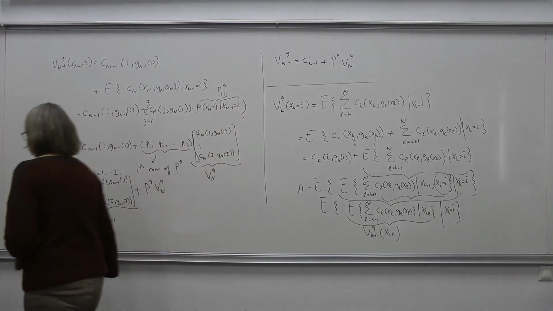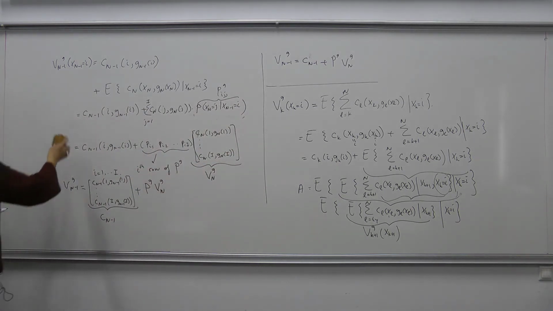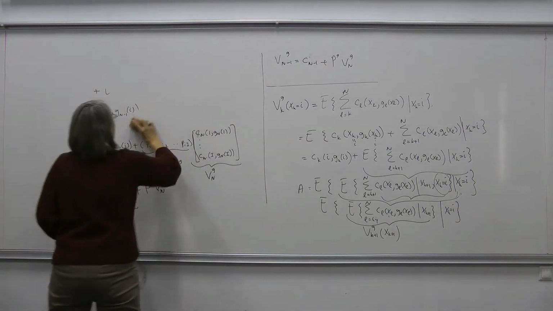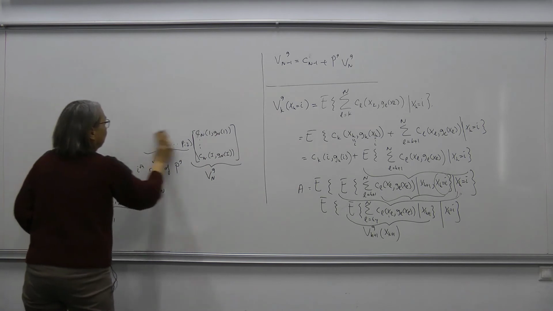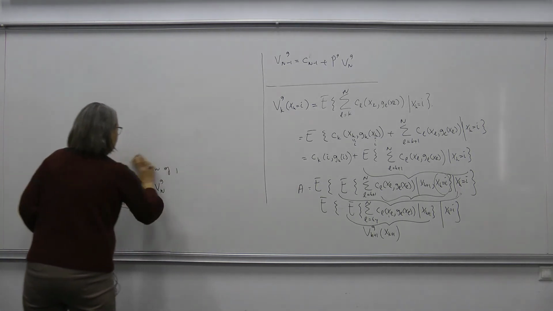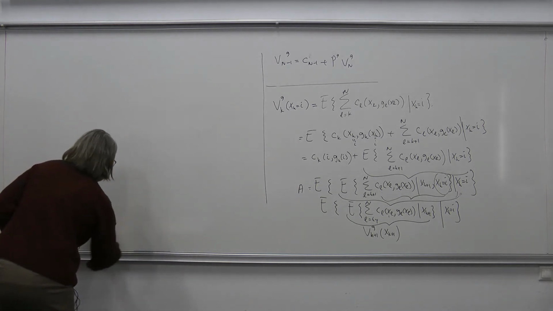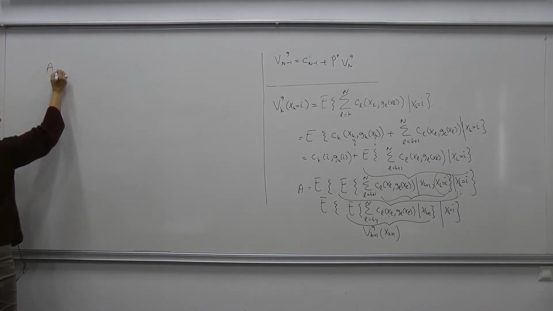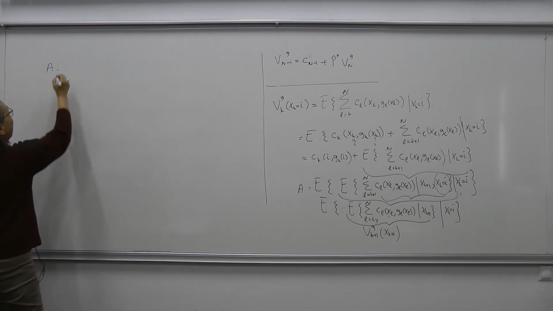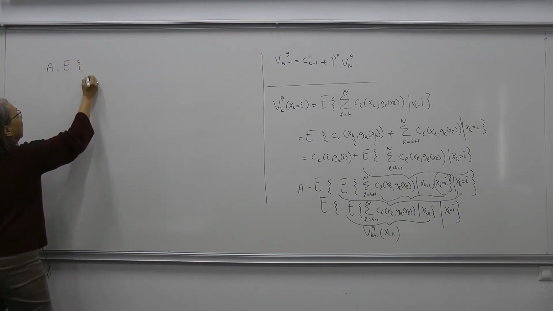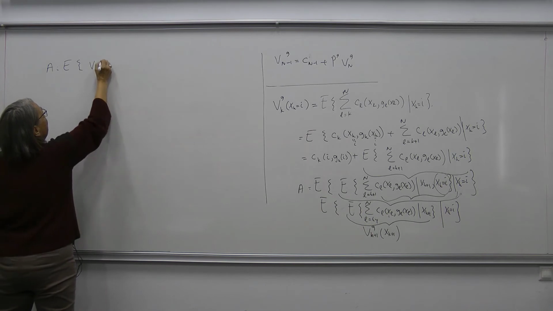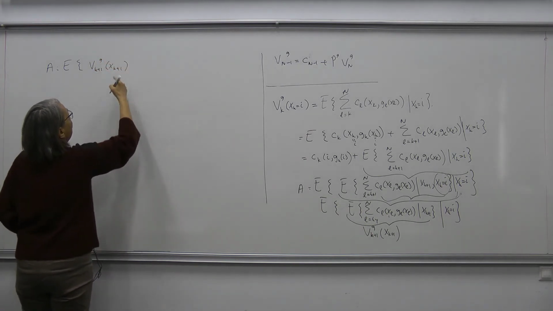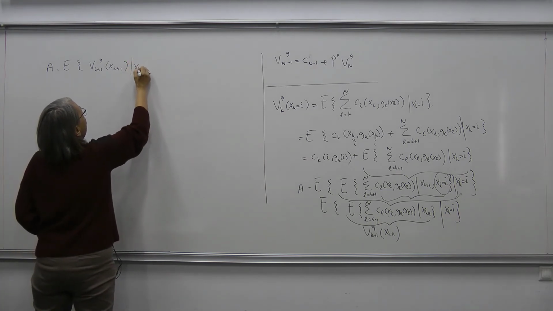And then finally, continuing with this, it will be written as the expected value of Vk+1^g of xk+1, again a function of g, given that xk is equal to i.